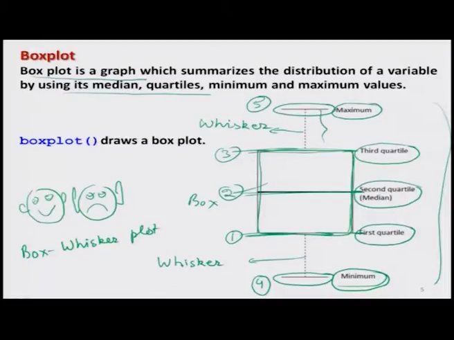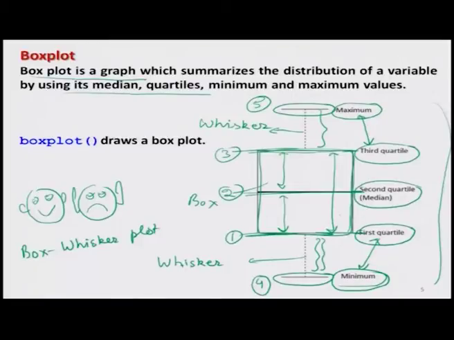And this difference, that is the length of the whisker, is indicating how far the minimum value is from the first quartile, and line number 5 here is indicating how far the maximum value is from the third quartile. You can also decide what is the difference between third and second quartile, what is the difference between first and second quartile, or even what is the difference between first and third quartile.